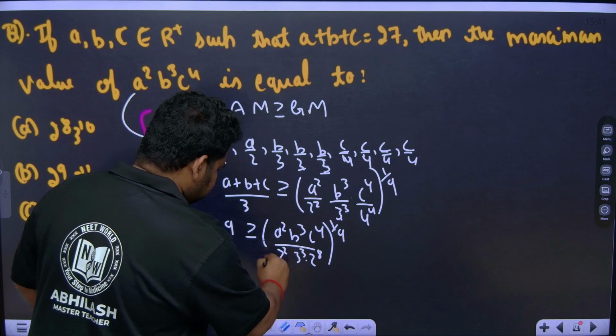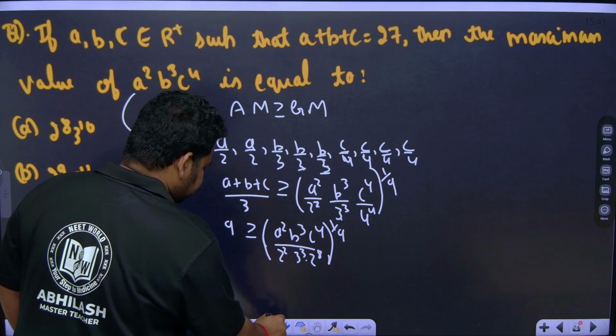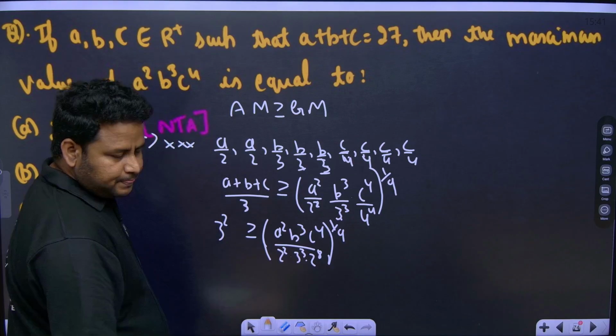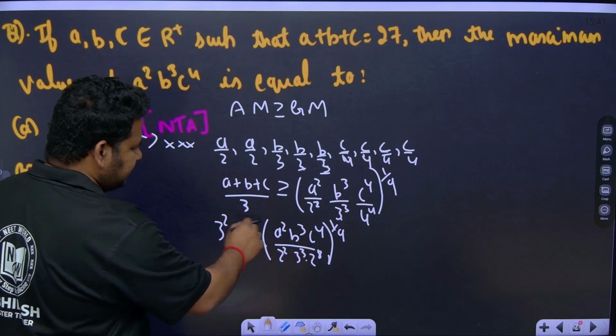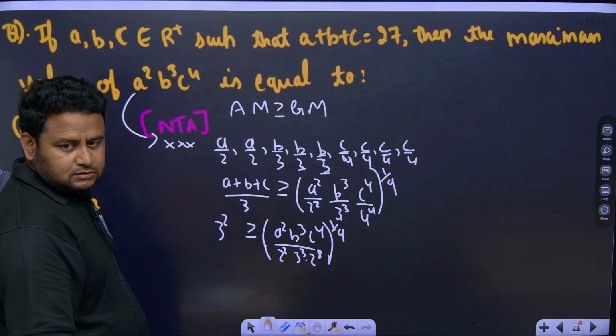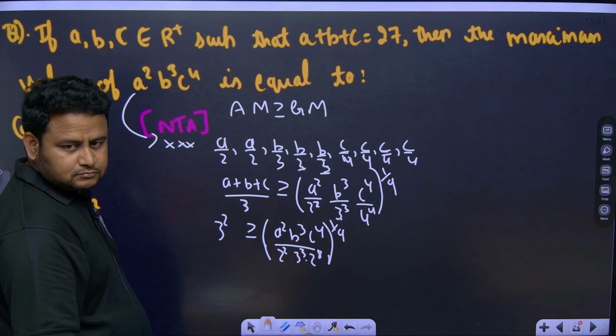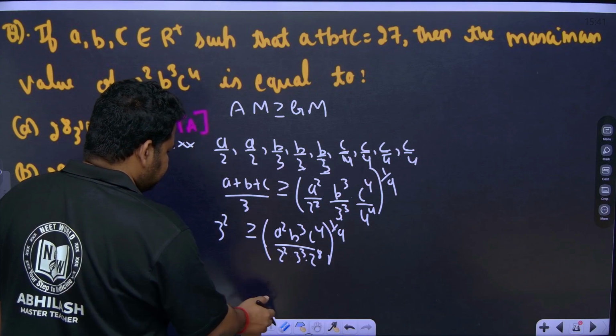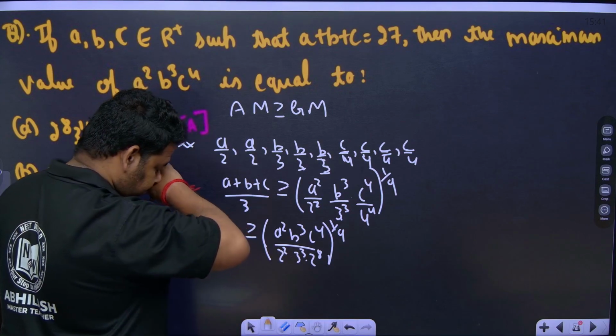This whole is having the power. Now this 9 I can write as 3 square. Now if I send 9 this side, it will become 3 to the power of 18.